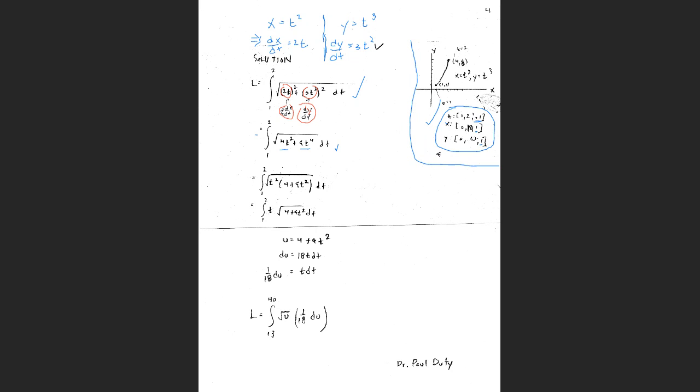Now we have to integrate this. WebAssign will want an exact answer for your homework problems, not an approximation. So just like the first exam, you'll be doing your integration, working it out, showing your work.